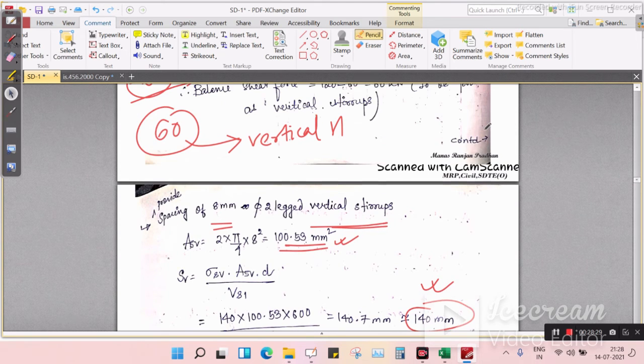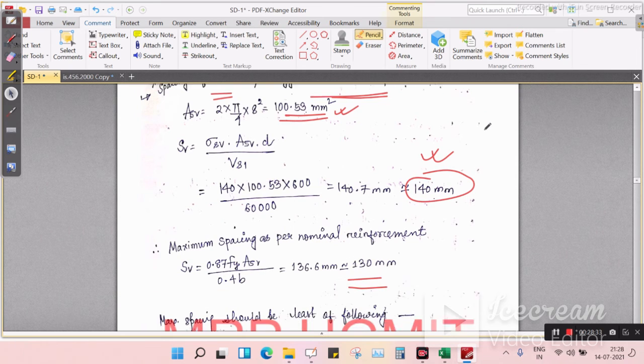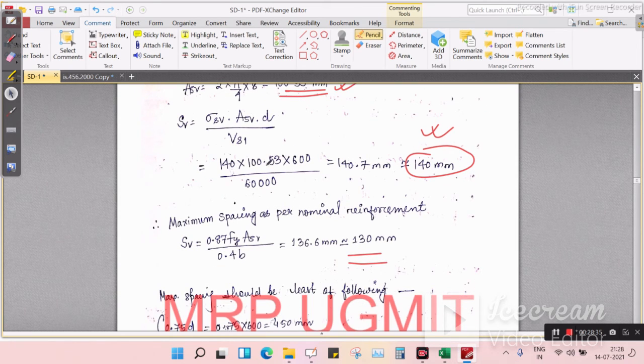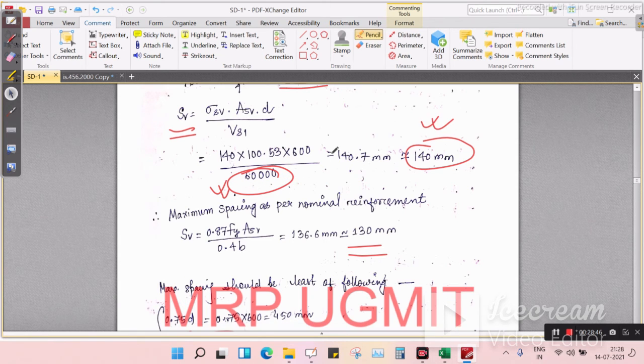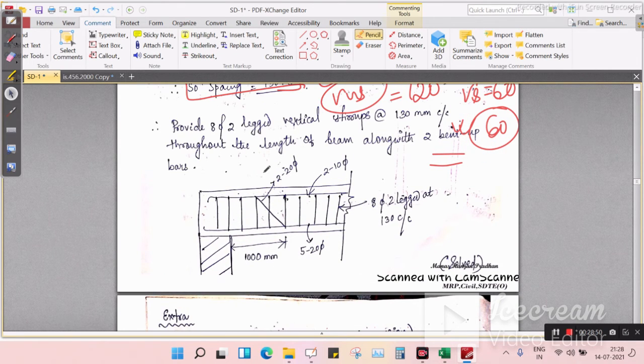Okay, let me show you. This is the spacing for vertical stirrups. And this is the value of that shear force, 60 kilonewton. So this is the beam, you can see here, this is our bent top bar.